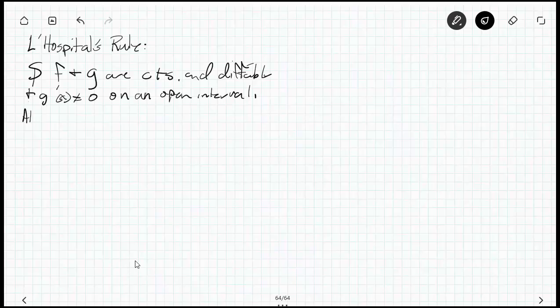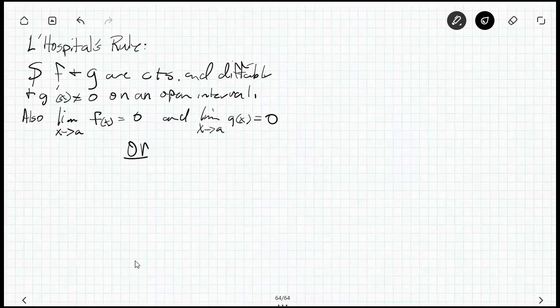Now, also, I know it takes a long time to get L'Hôpital's rule out, but you'll see how useful and helpful and quick it is down the road. Also, the limit as x approaches a of f of x equals 0, and the limit as x approaches a of g of x equals 0, or, now this is a huge or in here, the limit as x approaches a of f of x equals positive or negative infinity.